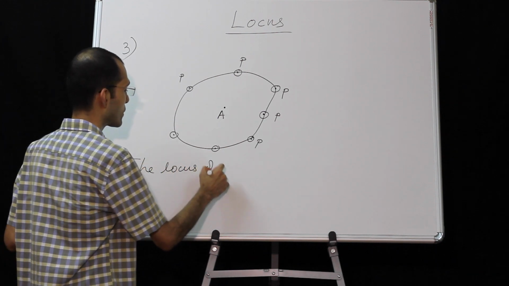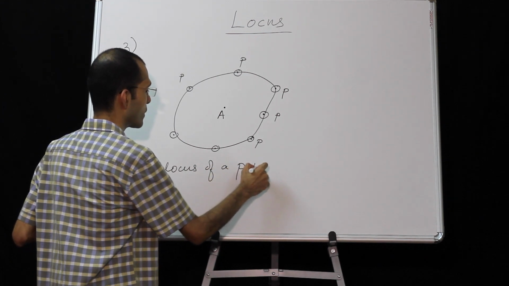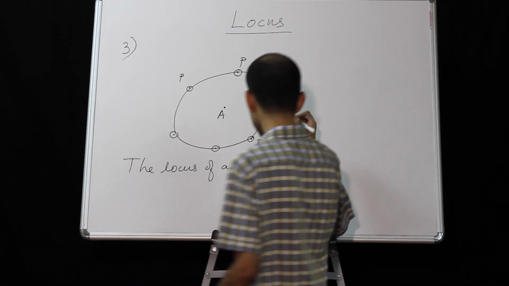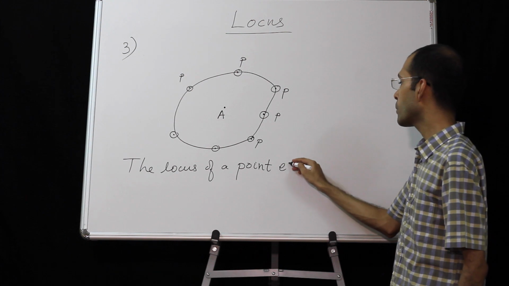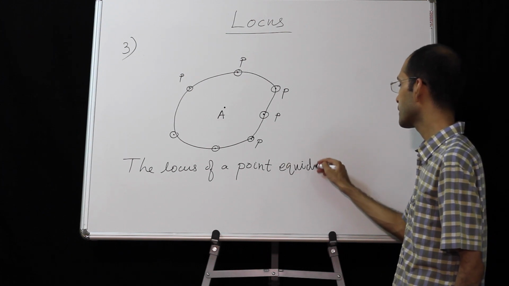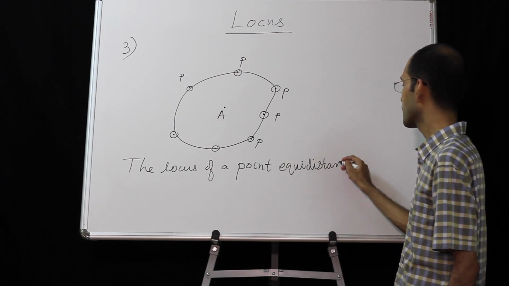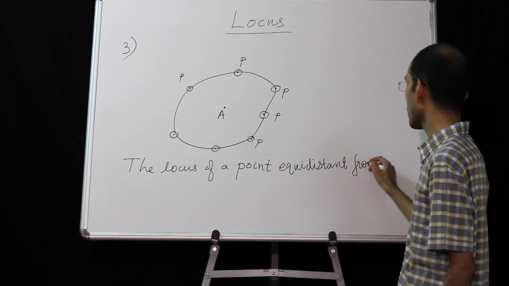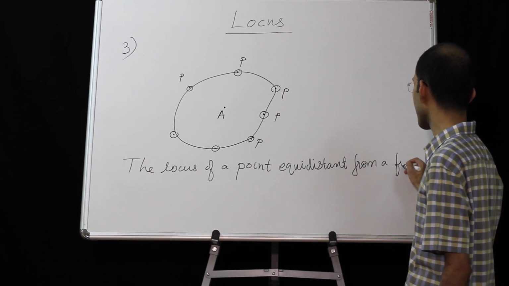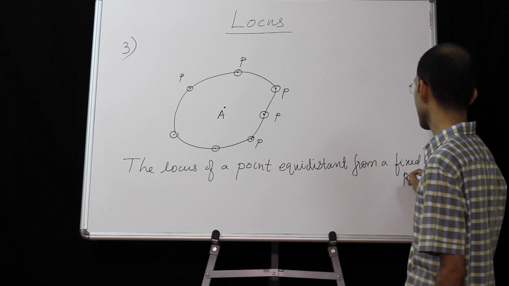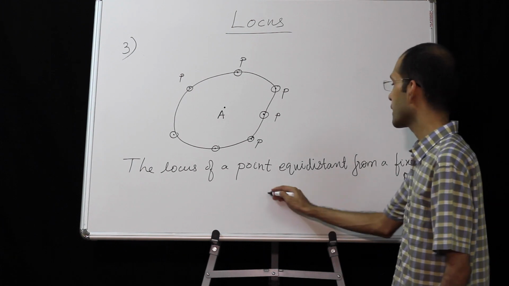The locus of a point equidistant from a fixed point is a circle.